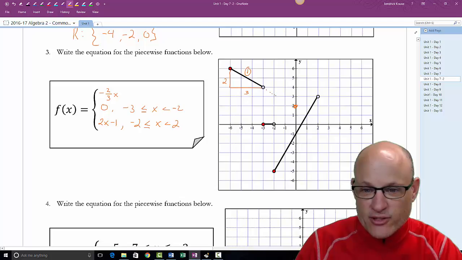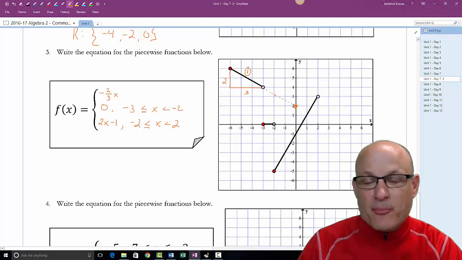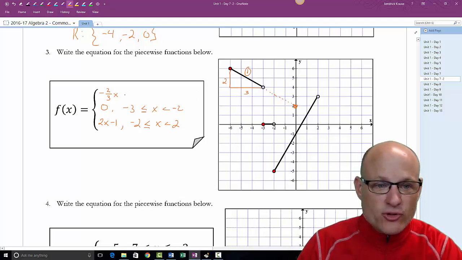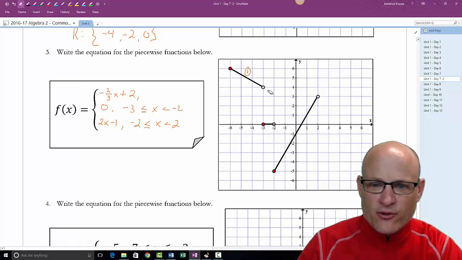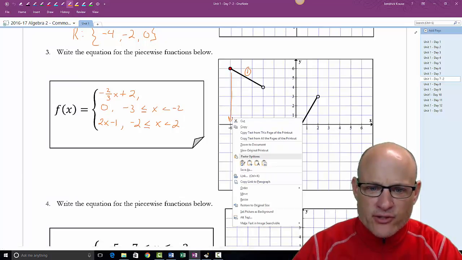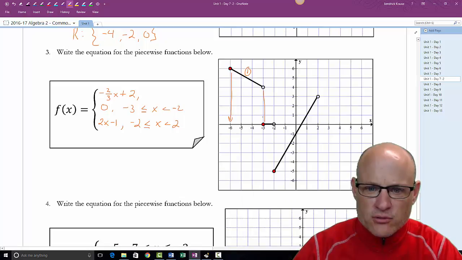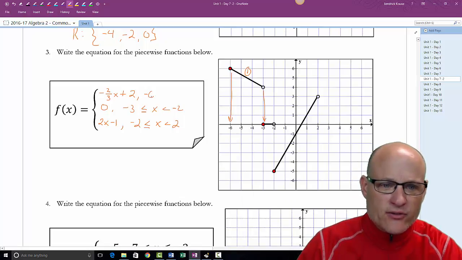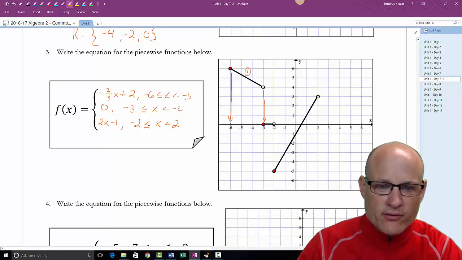So if I continued this line, it would go through that point 0, 2. So that would be +2. And that piece 1 is from -6 to -3. -6 less than or equal to x less than -3.